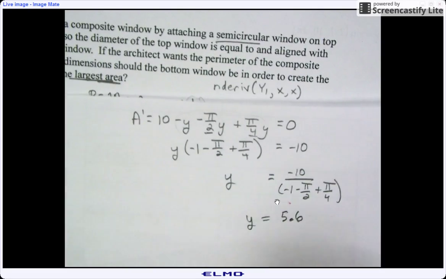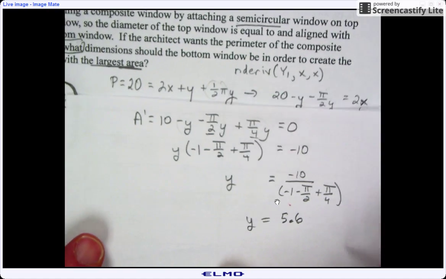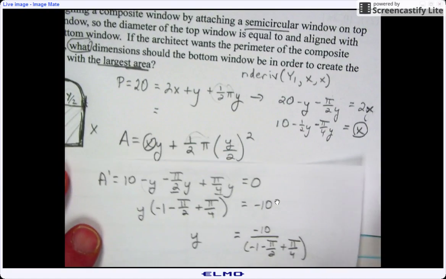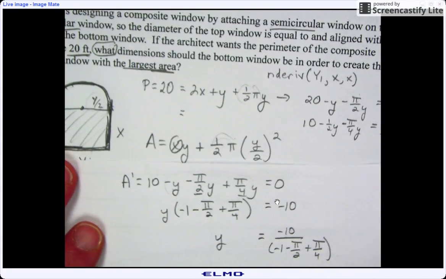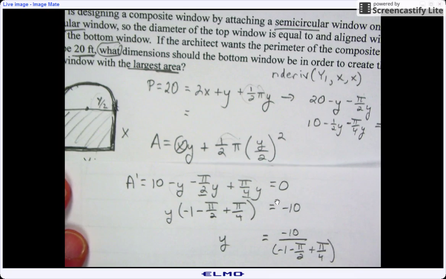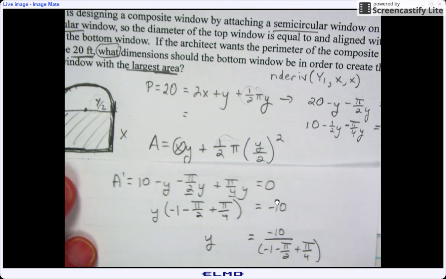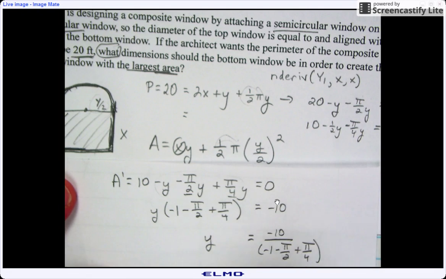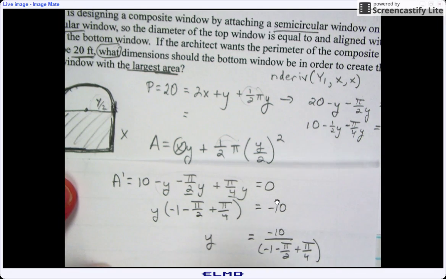You can go back and substitute then to find x. So go back to where your x was, or go back to the perimeter, either one. I'm going to go back to the x. X was 10 minus 1/2 y minus pi over 4y. So x is 10 minus 1/2 times 5.6 minus pi over 4 times 5.6.